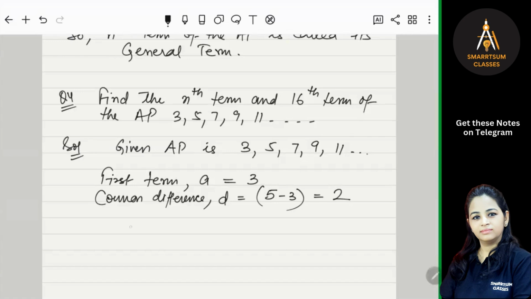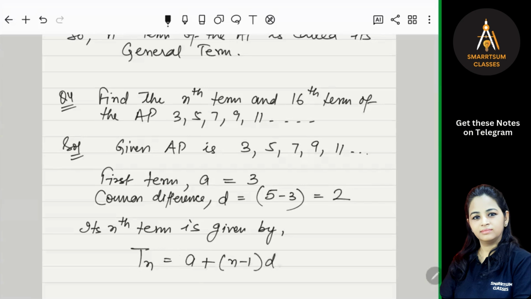Now what will be its nth term? According to the formula, its nth term is given by Tn equals A plus n minus 1 into D. Now put the values of A and D here: A is 3, D is 2.